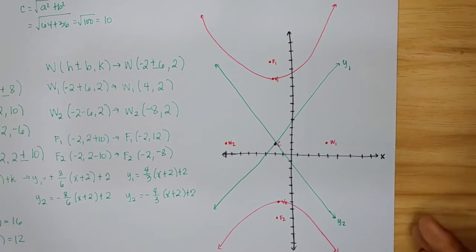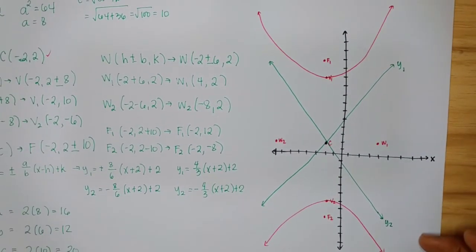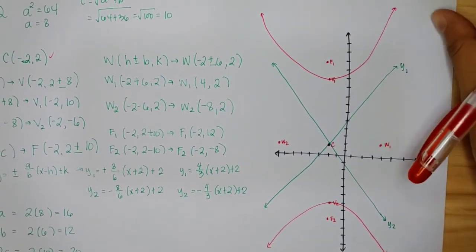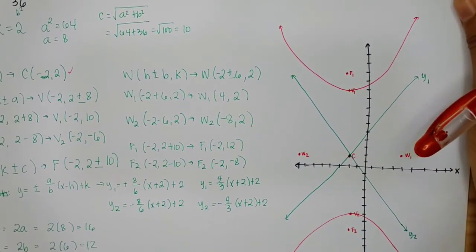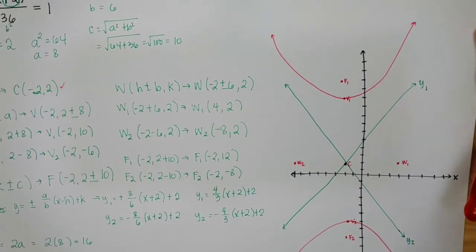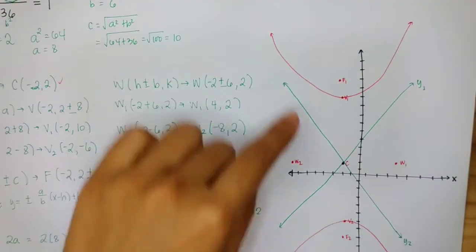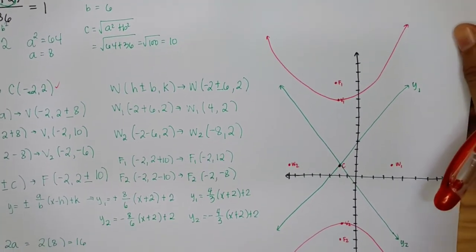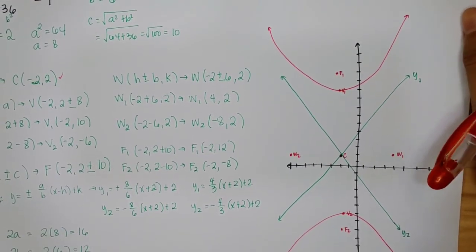So, if gagamit tayo ng graphing utility or graphing calculator, mas exact yung mga graph nila. So, ganyan mag-graph sa ating hyperbola. On the vertical yung orientation. So, tignan nyo, that will be up and down yung sa vertical yung orientation ng hyperbola natin. Okay? So, let's proceed with our example number 2.